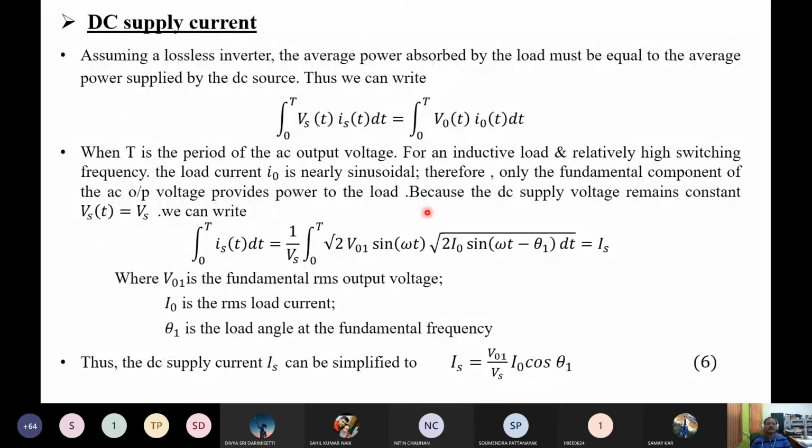Next is the expression for the source current. Assuming that losses are negligible, the average power absorbed by the load must be equal to the average power supplied by the DC source. So that will give you the average source current Is.